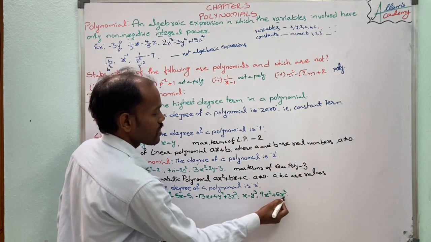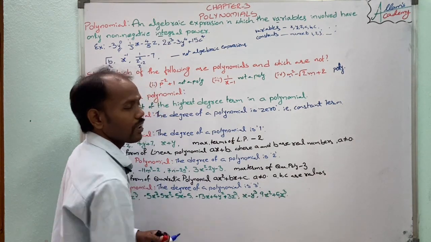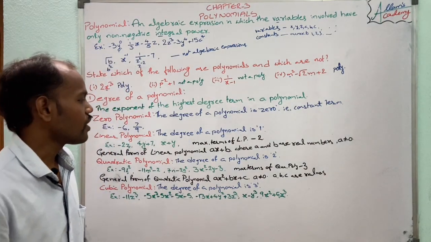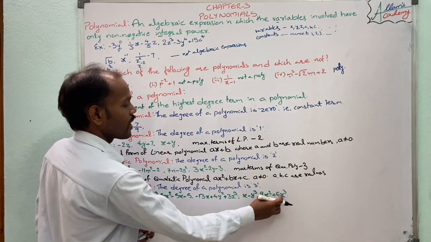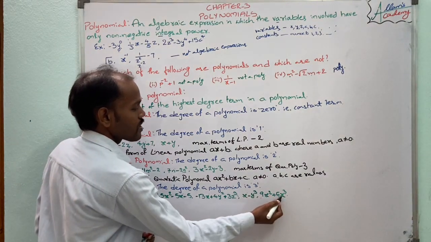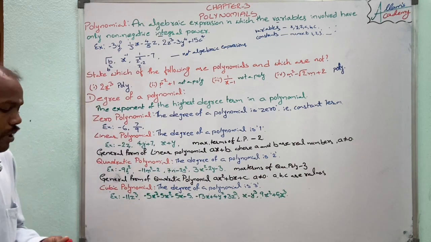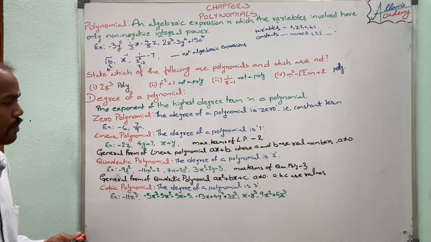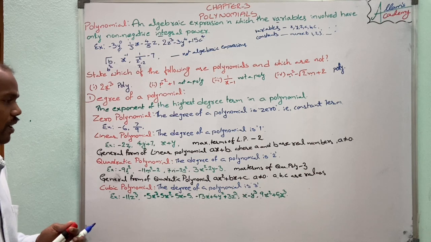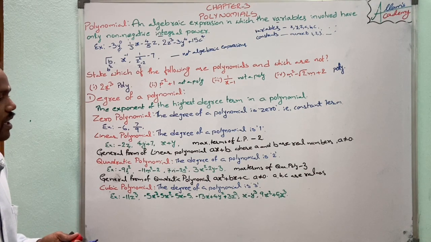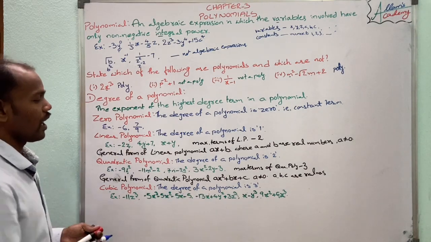The second term, 6x cube, has the variable x and its degree is 3. So now the highest degree of these two terms is that of 6x cube, that is 3. So it is a cubic polynomial. So in all these examples, the highest degree is 3 only.